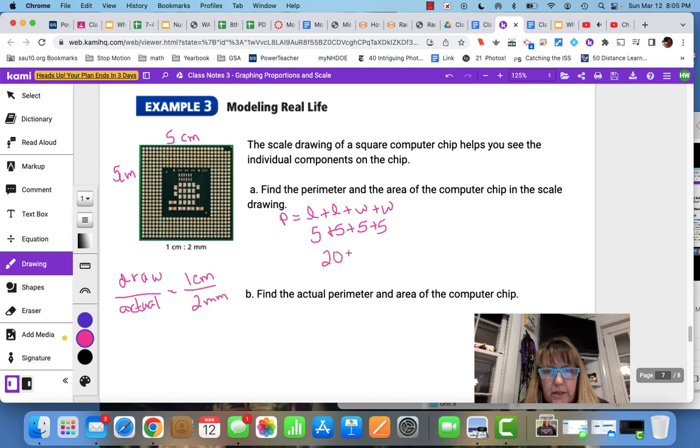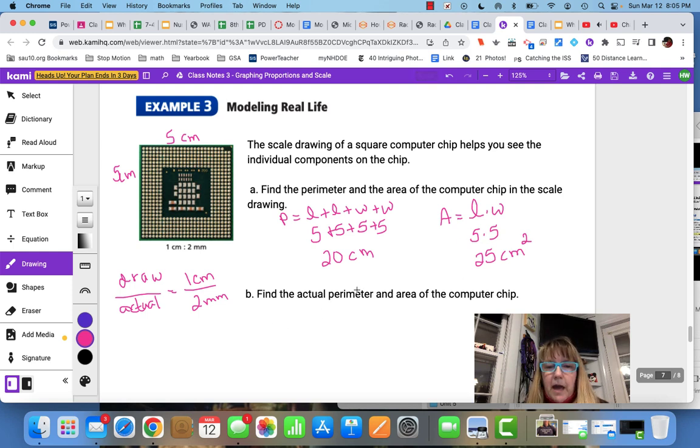So it is 20 centimeters. And the area is length times width. So that is 5 times 5, which gives me 25 centimeters squared. Remember, perimeters are additive, so they're just centimeters, and area is multiplicative, so it's centimeters squared.